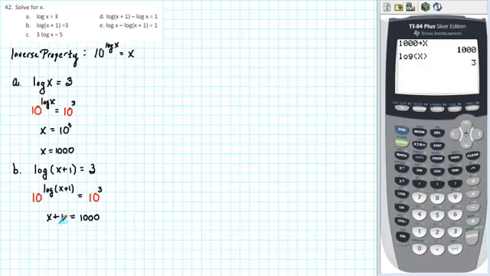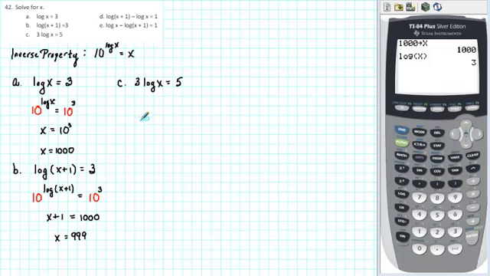Now we simply take away 1 from both sides of the equation, and that leaves us with x is equal to 999. And we can clearly see that if we substitute 999 for x, we get 999 plus 1 is 1,000, and the logarithm of 1,000 is equal to 3. That checks out.